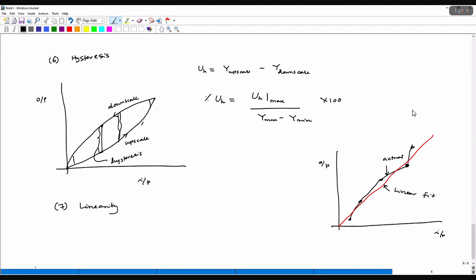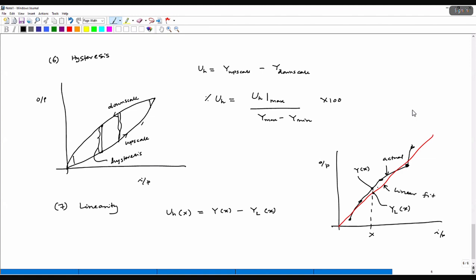Okay. So linearity error at any point, right? So if you say at a particular X, it is going to be Y at that X minus Y on the linear curve at that X. Like, for example, if this is the X that we are talking about, this is basically Y(x), and this is Y linear(x).